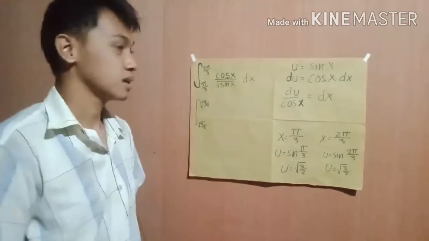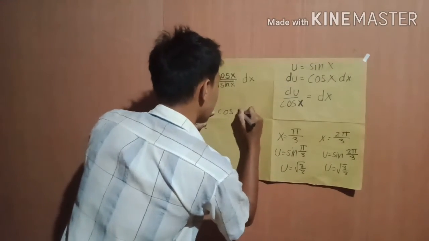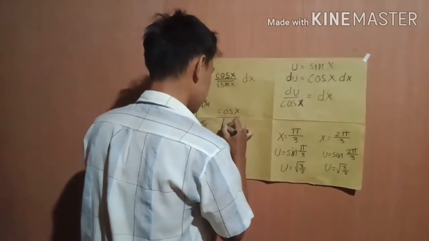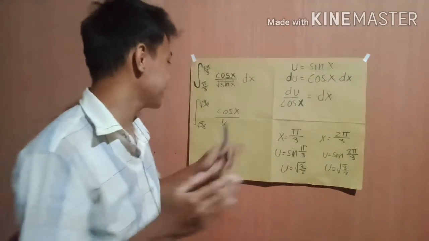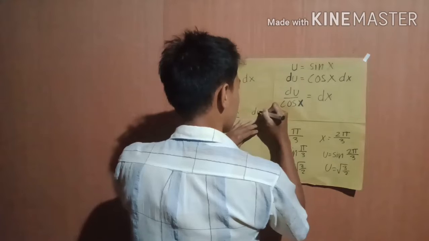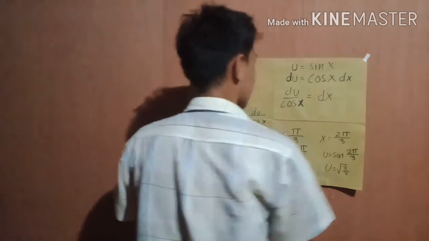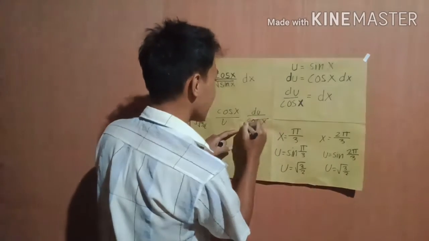I have this cosine of x over the square root of u, because sin x is u and my dx is du over the cosine of x, which means the cosine of x will be cancelled.